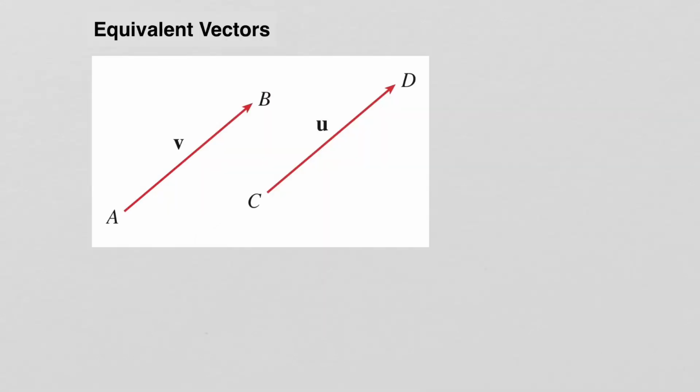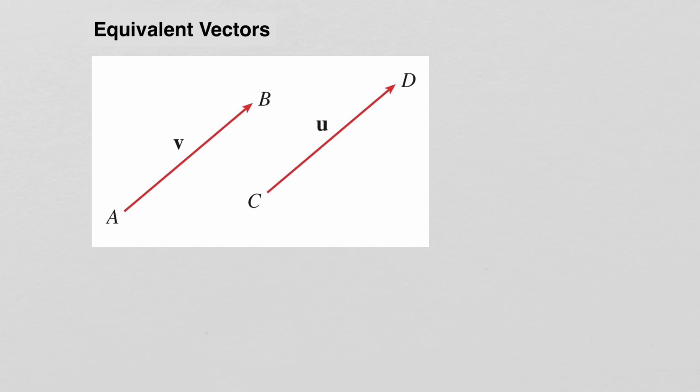Equivalent vectors are vectors that have the same magnitude and the same direction. So think of two cars that are traveling the same speed and also going in the same direction. Those two cars don't have to be in the exact same spot. They just have to be traveling in the same direction and traveling at the same speed.